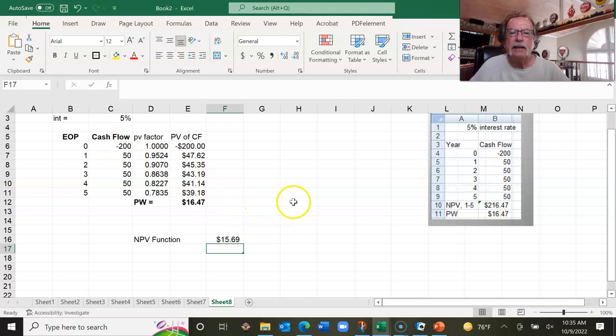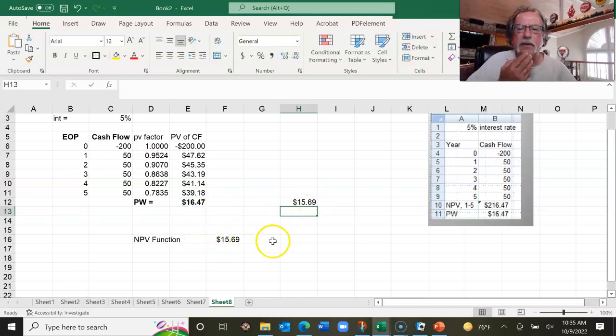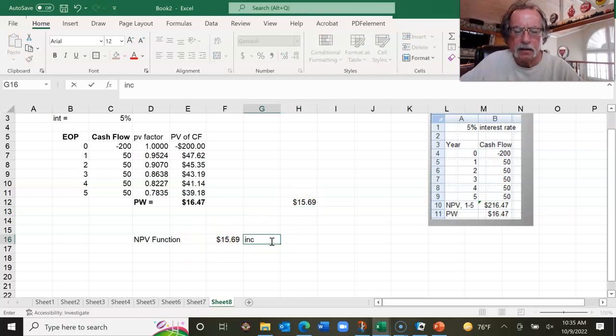So if you look at 1647 divided by 1.05, that's what it's doing. So this is incorrect.